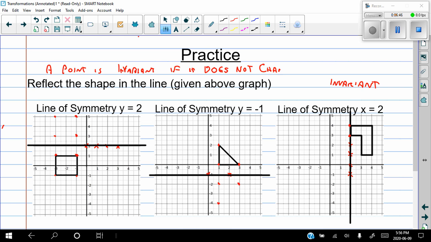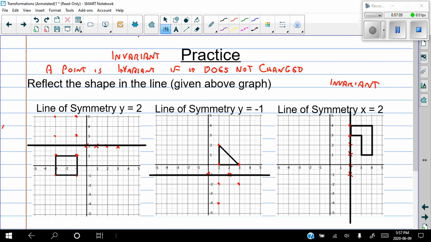You may be asked if it does not change or if it's invariant. I apologize in not looking like I can write invariant today more than once. There we go.